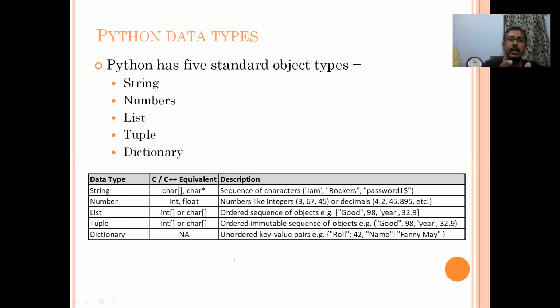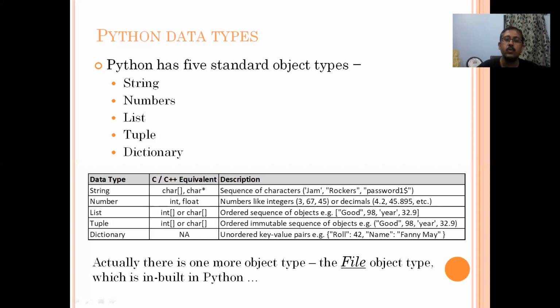So you have a key and a value for each of the elements, right? So these are the basic 5 data types or object types in Python. Along with that, there is one more object type which is also very predominantly used, and it's an inbuilt data type in Python. That is the file data type, right? So these are the overall data types that are there in Python.